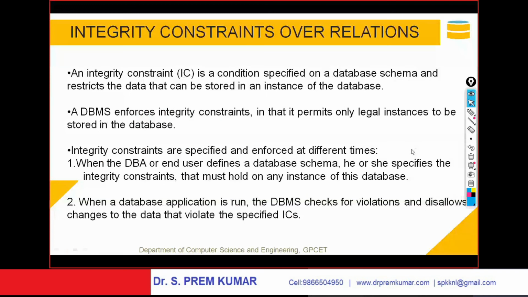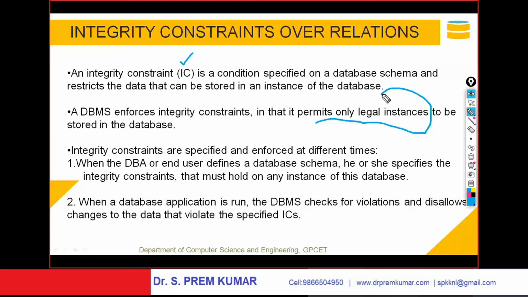That's what it says. So SQL supports ICs, integrity constraints, on the database. The database enforces integrity constraints in that it permits only legal instances. So if I say 16 to 26 is legal for me, I accept.